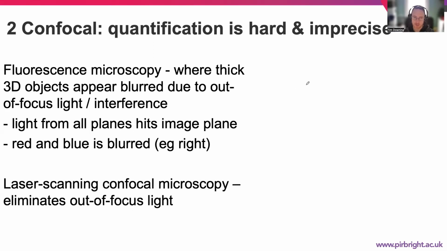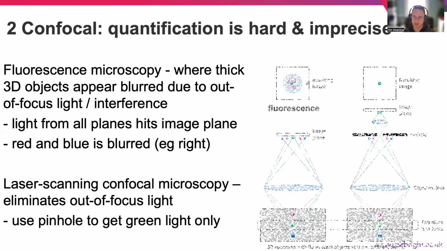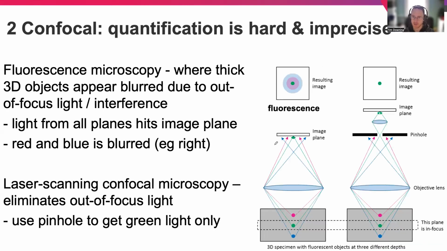If we look at an example on the right, we can see that for fluorescence microscopy, the red and blue lines, image parts, hit the image plane at different parts than the center, whereas we see the green part in the middle best.